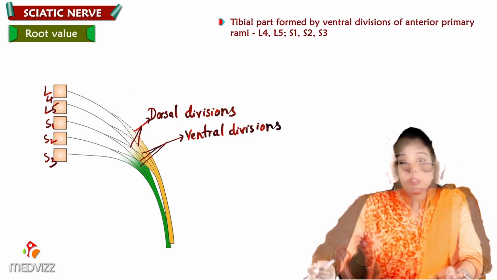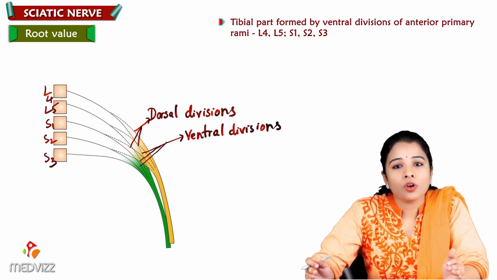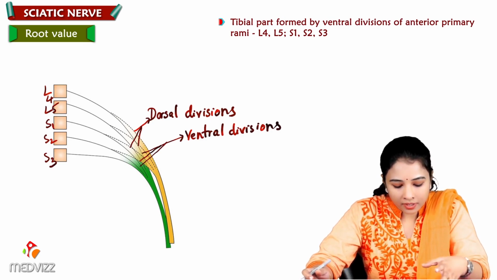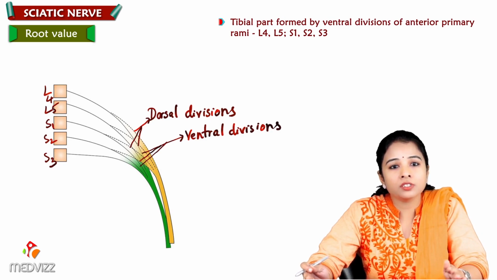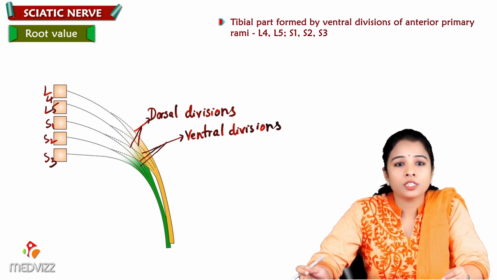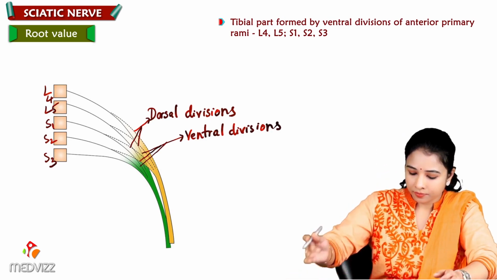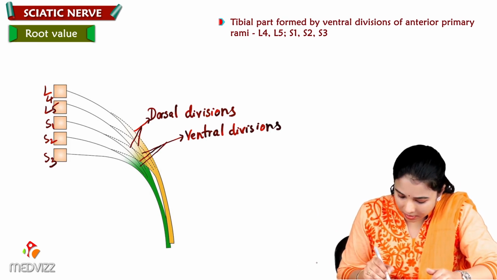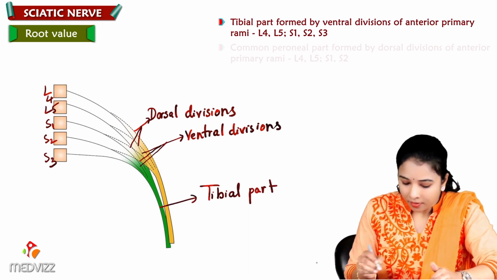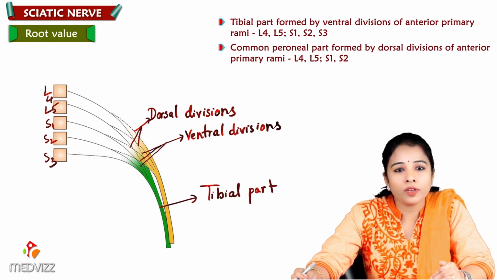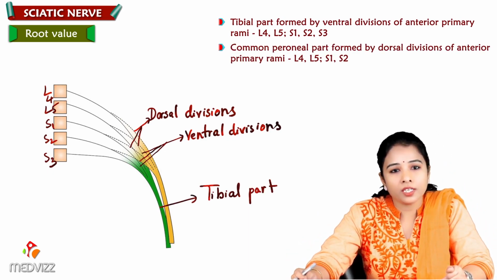The ventral divisions of the anterior primary rami, that is L4, L5, S1, S2, S3, give rise to the tibial part of the sciatic nerve. Whereas the dorsal divisions of L4, L5, S1, S2, S3 don't get involved here.